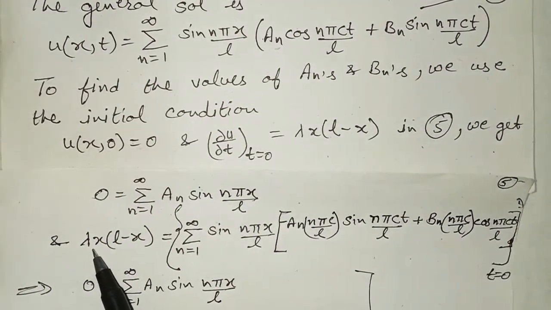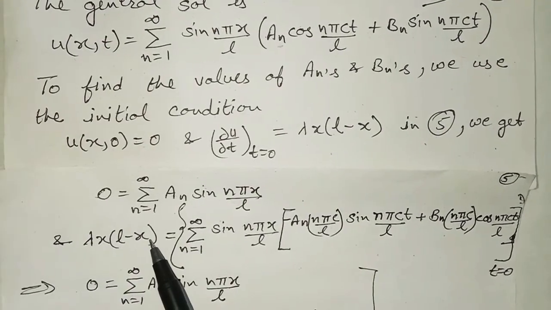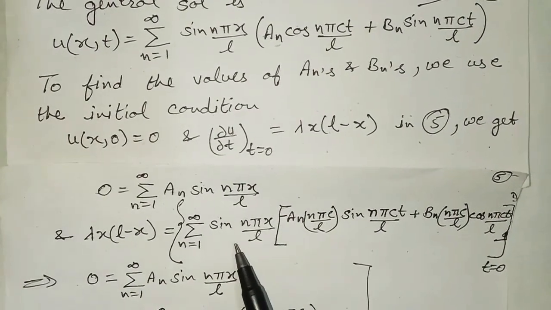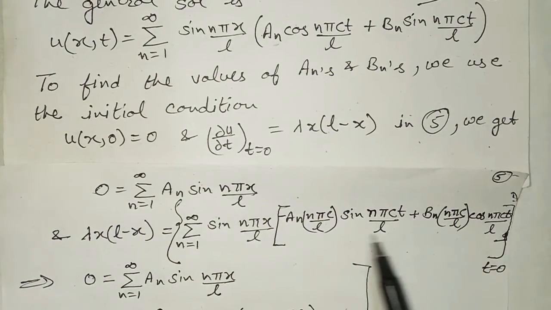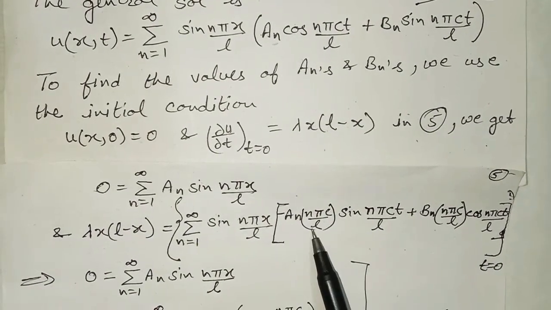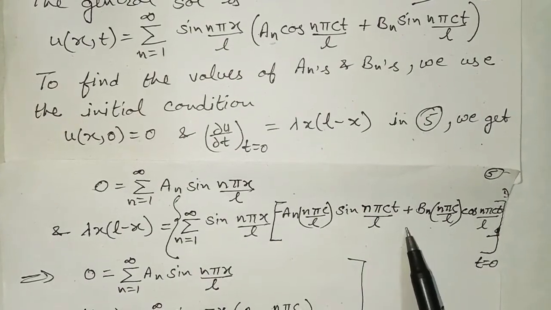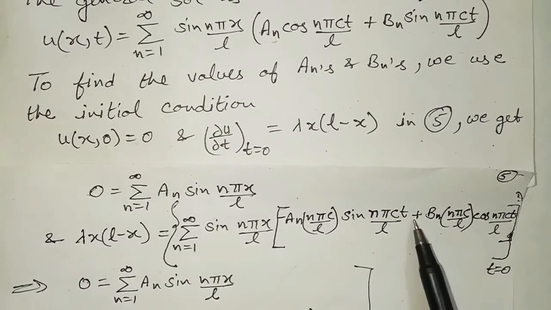So the left hand side is given as lambda x (l minus x), and here I have differentiated both the terms given in the bracket, and now we put t is equal to 0 in this.